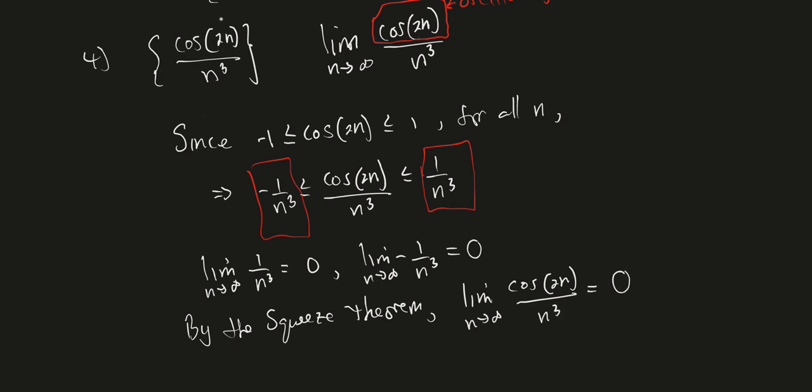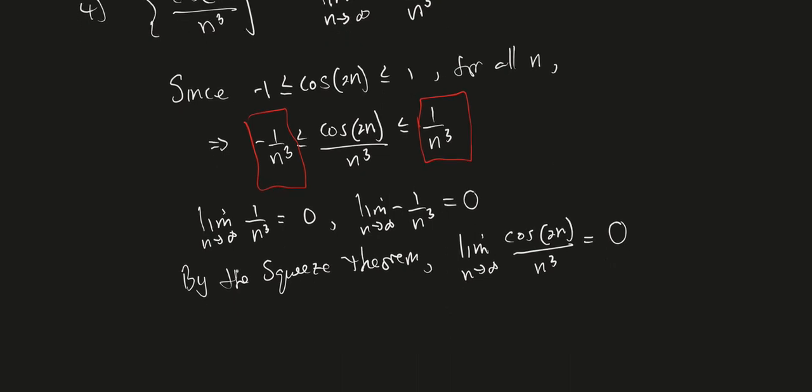So this sequence converges to 0 as well, but in a completely different manner than the one that we did previously. So summarizing our work, that sequence converges to 0.